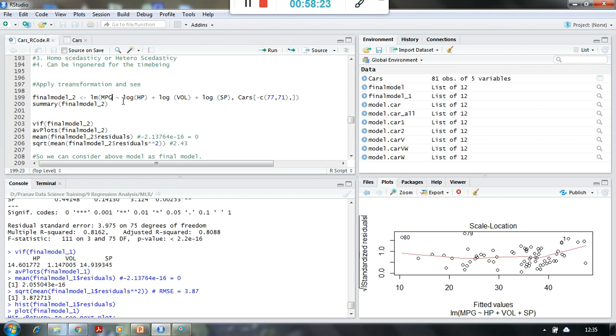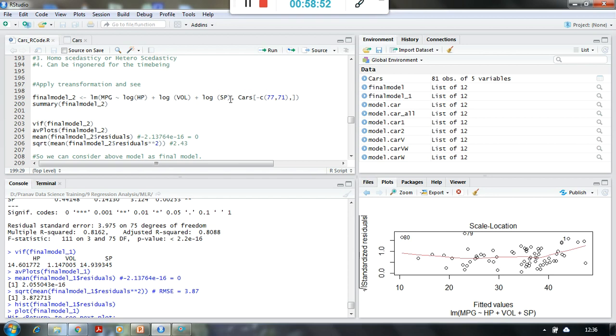Similarly here also we can try the transformation, right? So let me try one transformation over here. I'm using an output variable and the 3 input variables, but I'm taking the log values of these, which means I'm doing a log transformation for all these 3 variables.